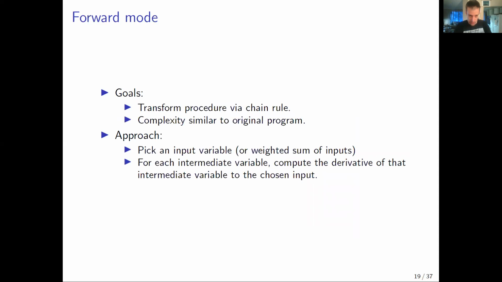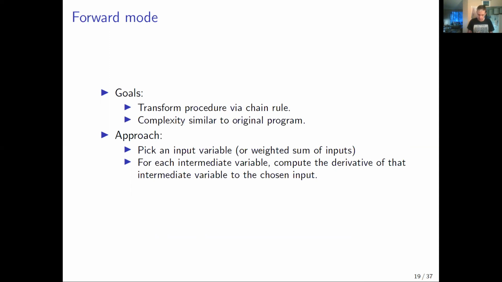Let's go back to where we were. Okay, so we want to transform our procedure via chain rule, and we want to get a new evaluation procedure after the chain rule transformation that has a computational complexity similar to the original program. And what's going to be our approach? Well, we're going to pick an input variable or a weighted sum of input variables.